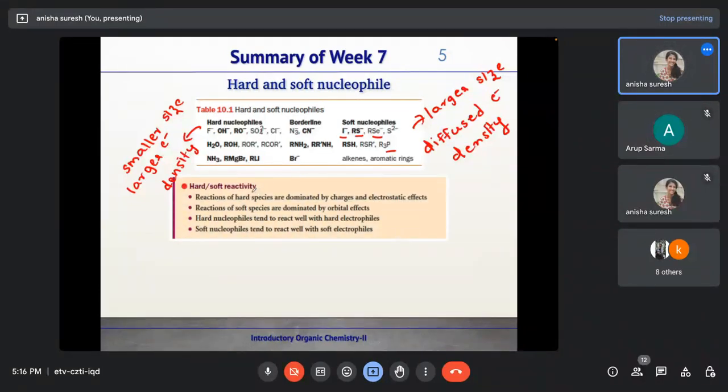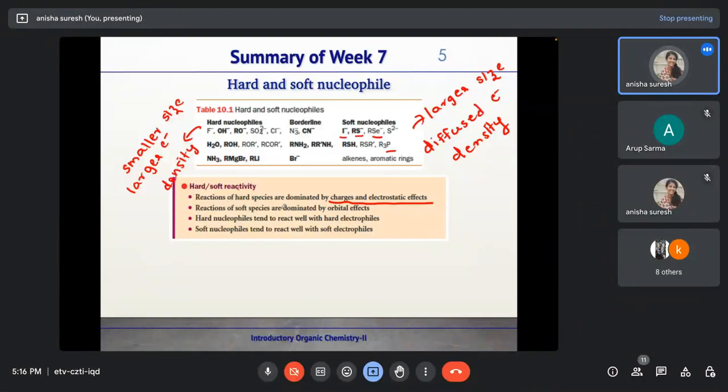So now we will be discussing the reactivity of hard and soft nucleophiles. The reactions of hard nucleophiles will be dominated by charges and electrostatic effects. So the hard nucleophiles will react where electrostatic effects or charges are dominating.